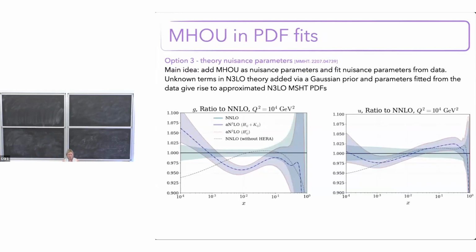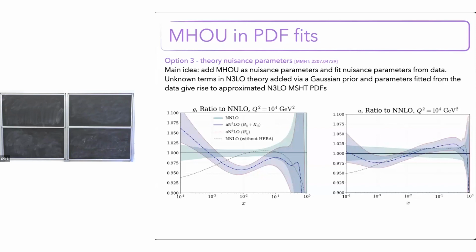It cannot be too wrong, in a sense, they did a lot of tests with that, but this is the idea: to add as nuisance parameters the next-order correction, or the incomplete correction we have, and have the data determine these parameters, okay? And indeed, you can see that for the gluon, the approximate N3LO gluon is very different from the NNLO gluon.